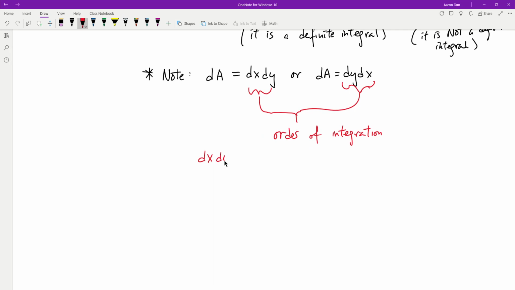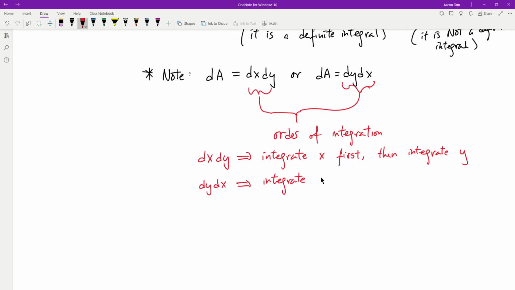When you have dx dy, that implies that when you're doing your integration, you will integrate x first, then integrate y. And if you have dy dx as your integration order, then you will integrate y first, then integrate x.